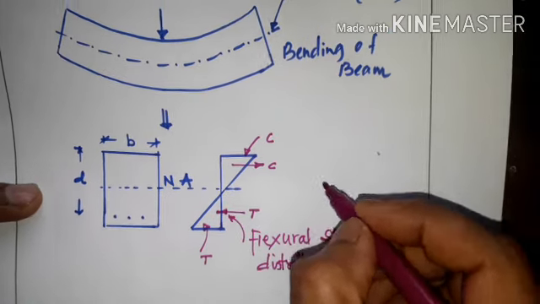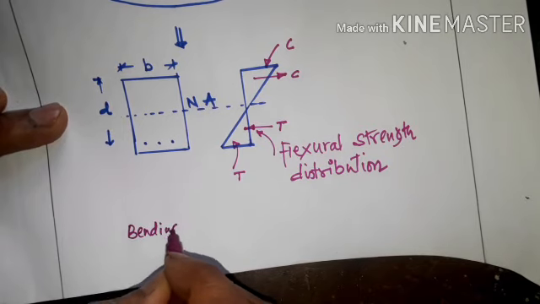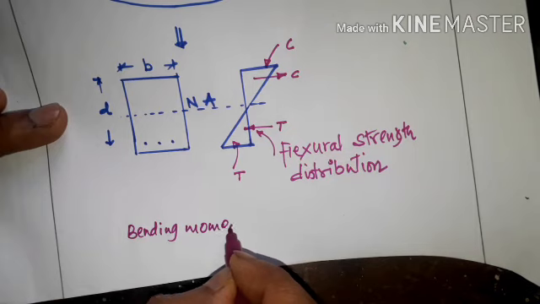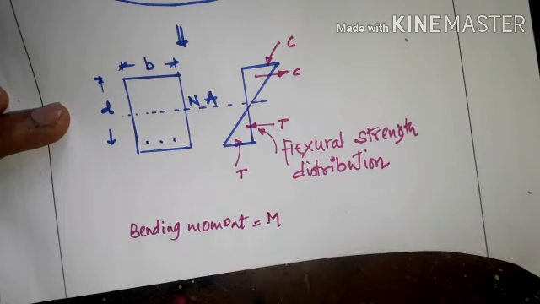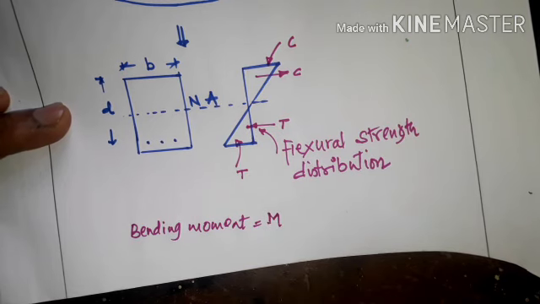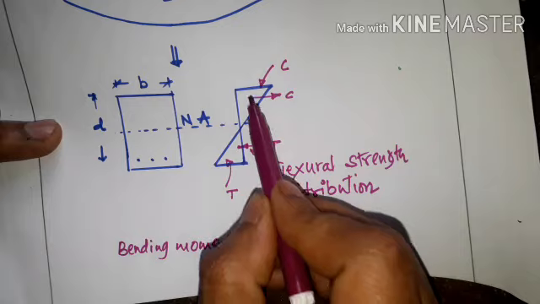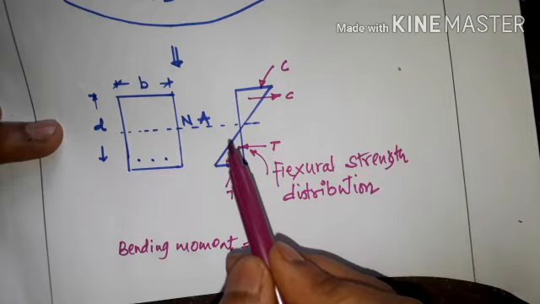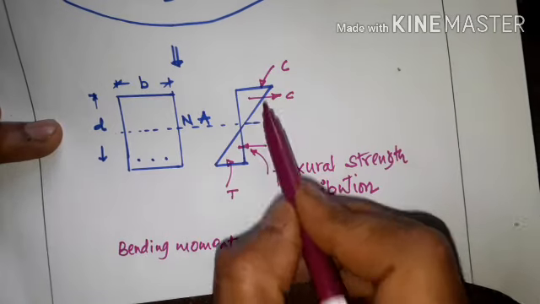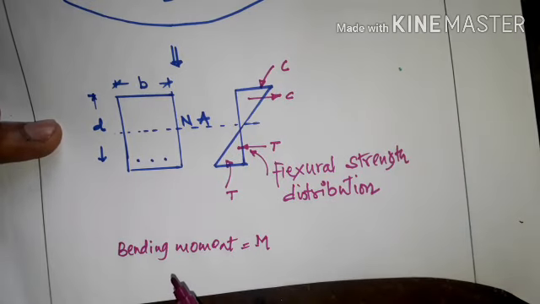Whatever bending moment M occurs due to external load should be resisted by these two forces. These two are nothing but the internal resistance of the member.